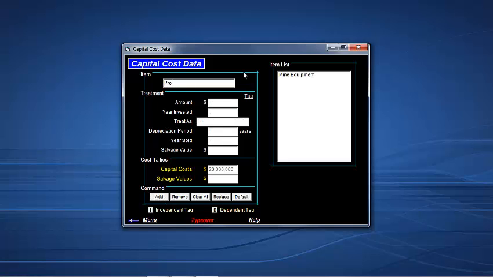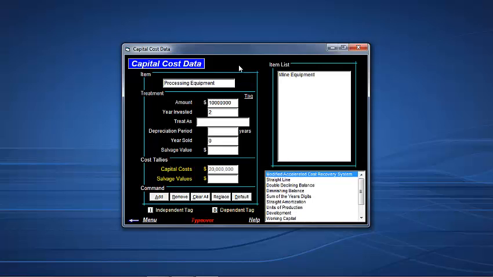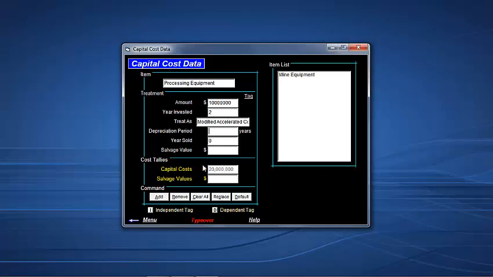Let's enter some processing equipment, $10 million of that. That will be purchased in the second year of our project. Again, it's a MACRS tax treatment method with a 7-year depreciation period. We'll add that to our analysis.